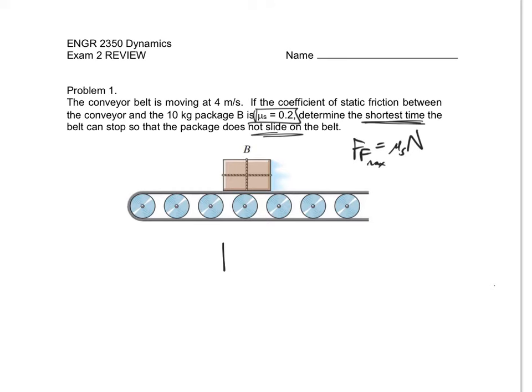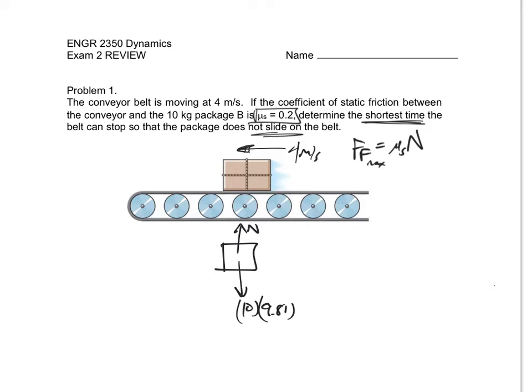All right, so let's draw this free body diagram for package B. We've got the weight of B acting down, 10 times 9.81. We've got the normal force N acting up, and the block is going 4 meters per second to begin with, but the conveyor is slowing down.